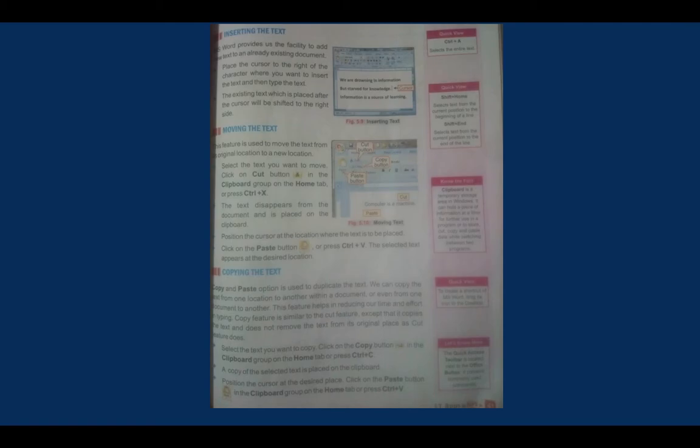Copy is when the word knowledge is coming 10 times in your document, and you type it only one time. Okay, select that word, double click on that word, and do Control C, copy. Wherever you need, you click your cursor there and just do Control V, paste, right? So you don't have to type knowledge 5-10 times.